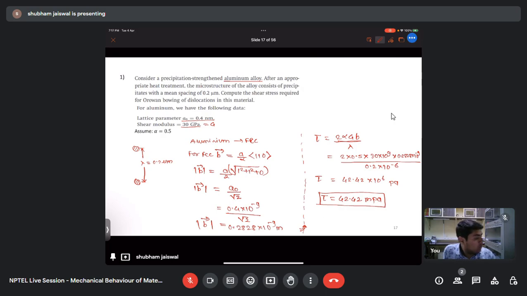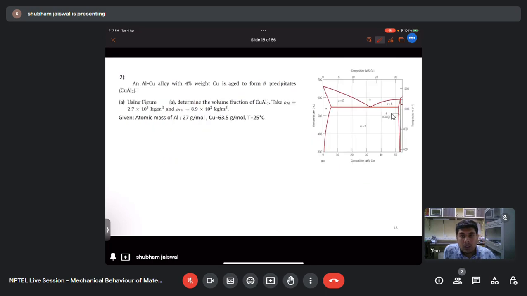Okay. So now moving towards our second question. The second question is: an aluminum copper alloy with 4 weight % copper is etched from theta precipitates CuAl2. They have asked us, using a figure, to determine the volume fraction of CuAl2 and take rho Al as 2.7 into 10 to the power 3 kg per meter cube.